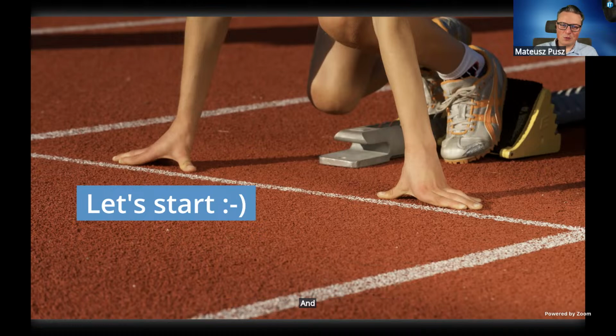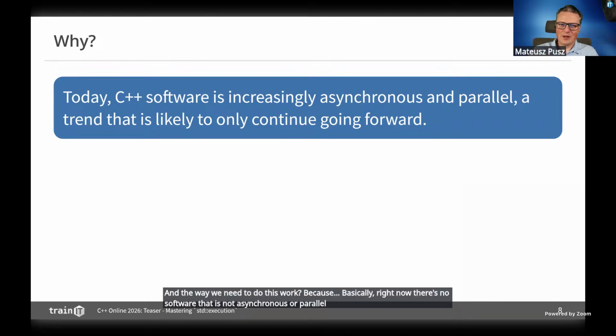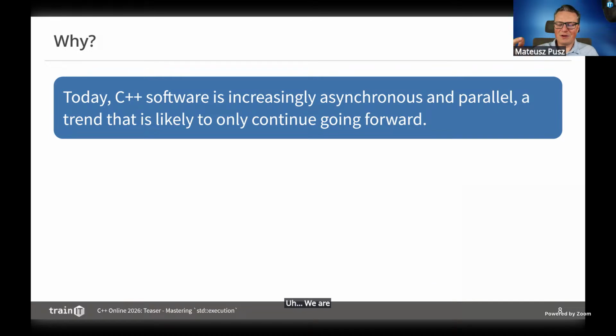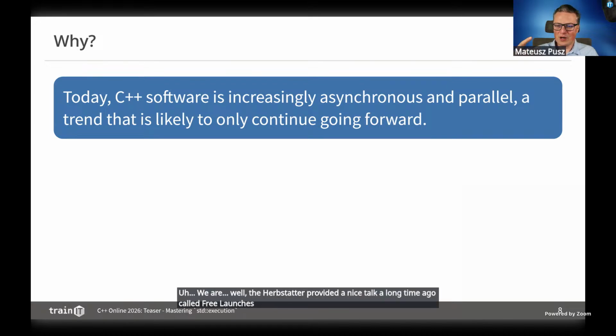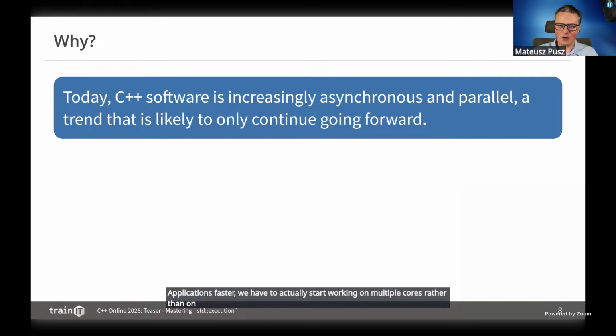And why do we need to do this work? Because right now there's no software that is not asynchronous or parallel, right? Herb Sutter provided a nice talk a long time ago called "The Free Lunch Is Over." We are not getting CPU frequencies going up for free all the time. We have to start dealing with the clocks we have, and in order to make our applications faster, we have to start working on multiple cores rather than on one core only.